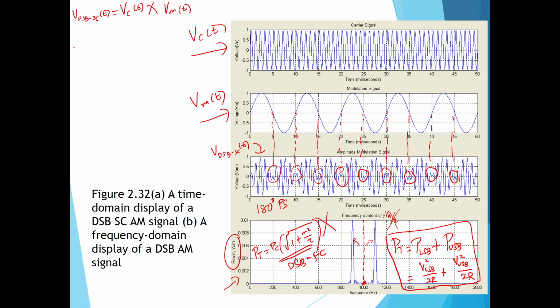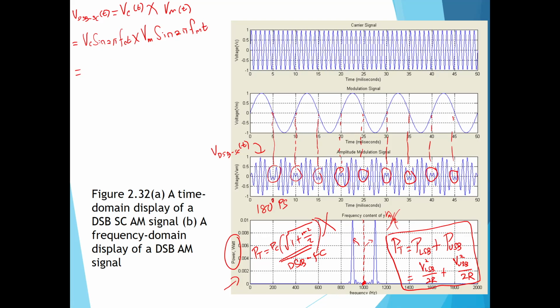Okay, so if I elaborate the equation, this is Vc sine 2 pi Fc t multiplied with Vm sine 2 pi Fm t.